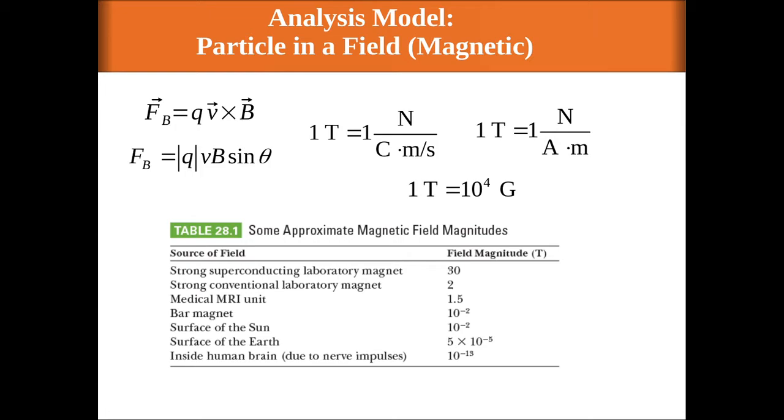And for the medical MRI unit, so if you have problems with your brain and then you have to go to the MRI lab and do the scan, this is 1.5 Tesla. I'm not sure if it's disturbing the signal in your brain, but this is really strong. Wow, this is strong. And for a simple bar magnet in everyday life, this is 10 to the minus 2. So you can see the difference in it. Wow.